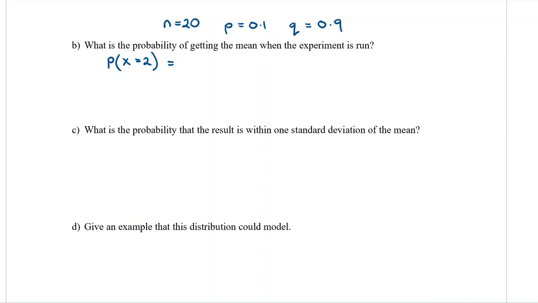So 20C, we want 2 successes, and then we do the 0.1 to the power of 2 and 0.9 to the power of 18, which is 20 take away 2. And you type that in your calculator.